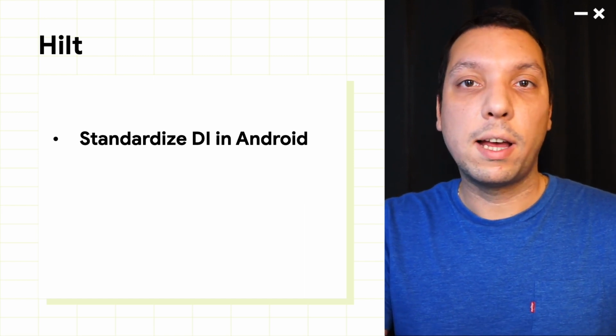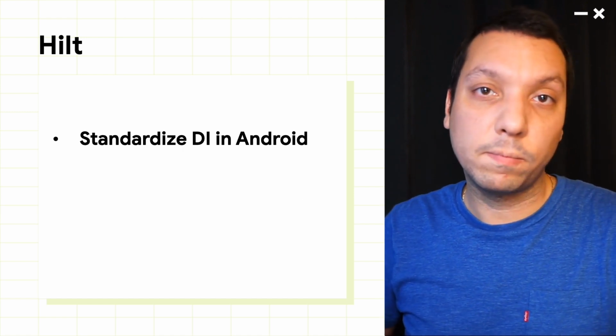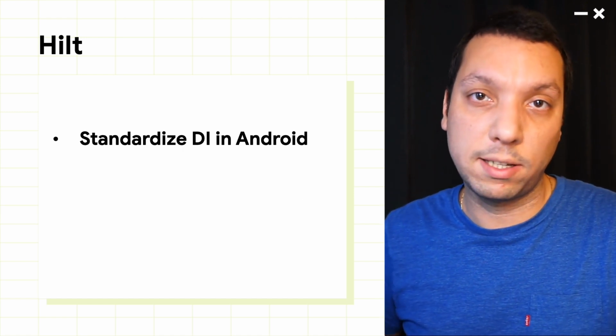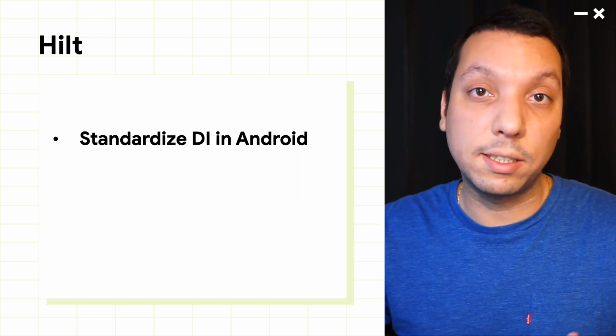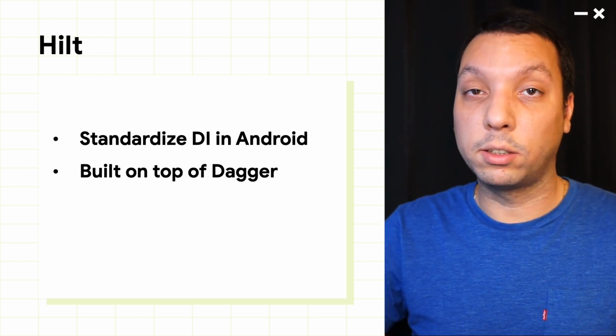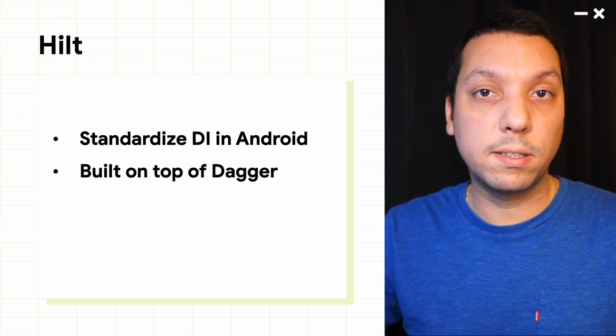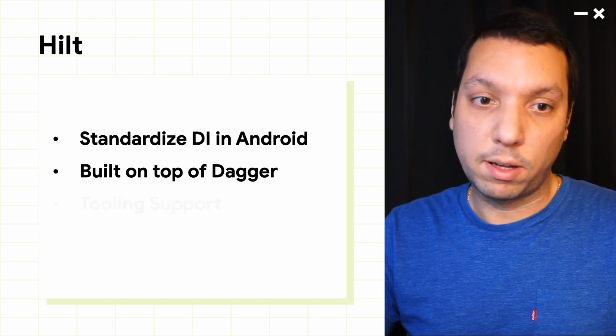So if you ever work on an app that has Hilt and then go start some other work on some other app that has Hilt, things will be familiar. So you get that transfer of knowledge because things are standardized. Hilt is built on top of Dagger, so you get those same benefits that Dagger offers: compile time validation, amazing runtime performance.